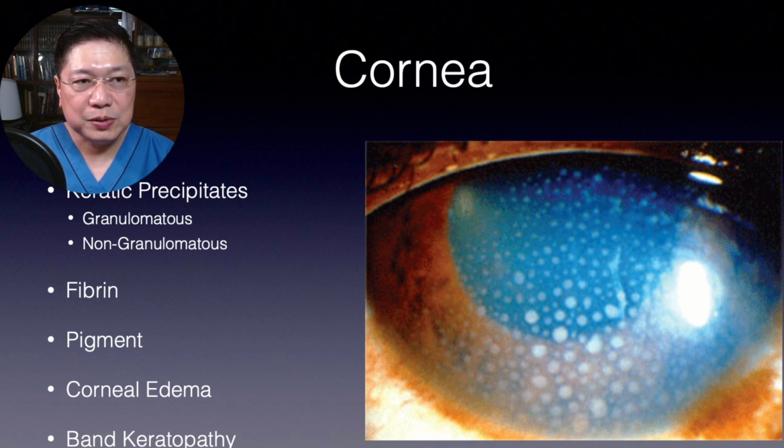When you're looking at the cornea, you're looking at keratic precipitates. It could be granulomatous, it could be non-granulomatous. You could see fibrins, you could see pigments, you can see corneal edema, or band keratopathy. So this picture is basically an example of keratic precipitates. Those are the white spots. Those are not floating inside the eye.